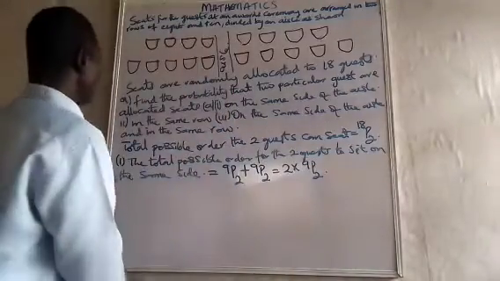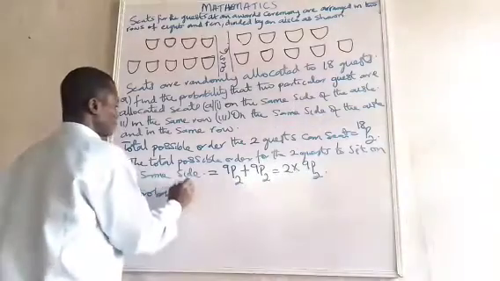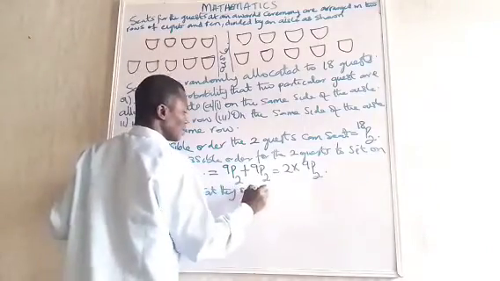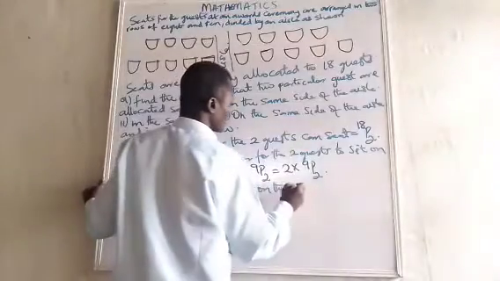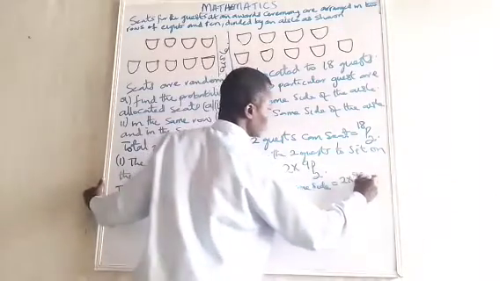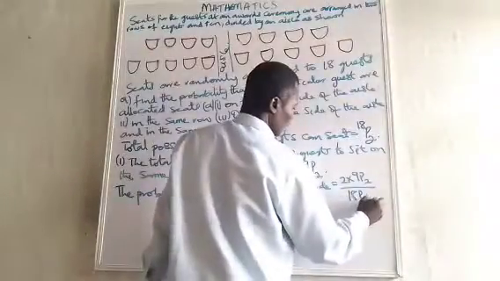Therefore, the probability that the seats are on the same side is equal to 2 times 9 P2 divided by 18 P2.